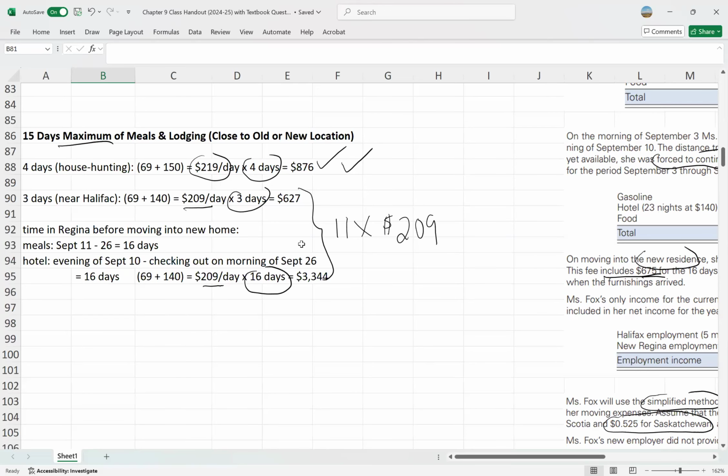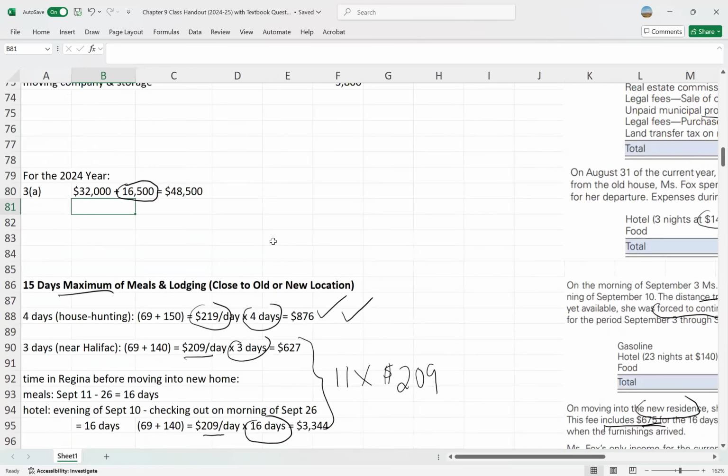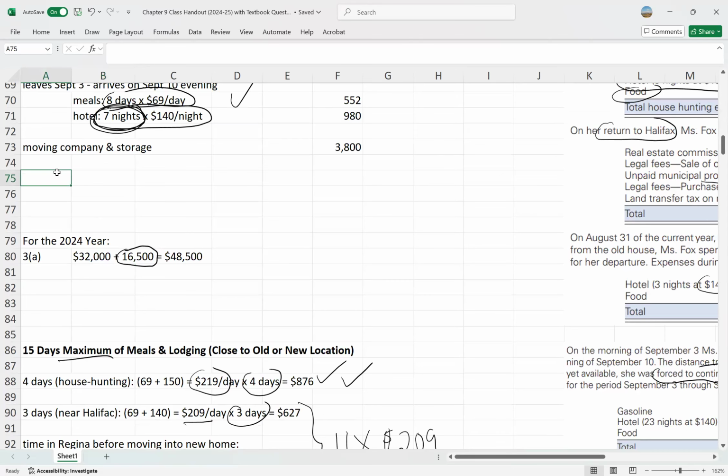So what we can do then is bring those amounts up here. So 15-day max, close to old or new. For this, we're going to have 4 at 219, and so that's going to be the 876.